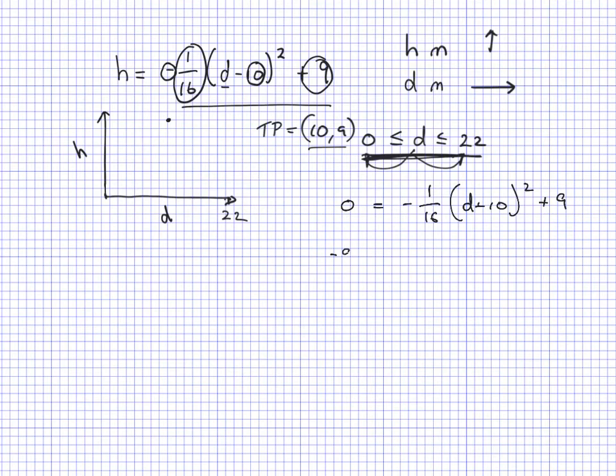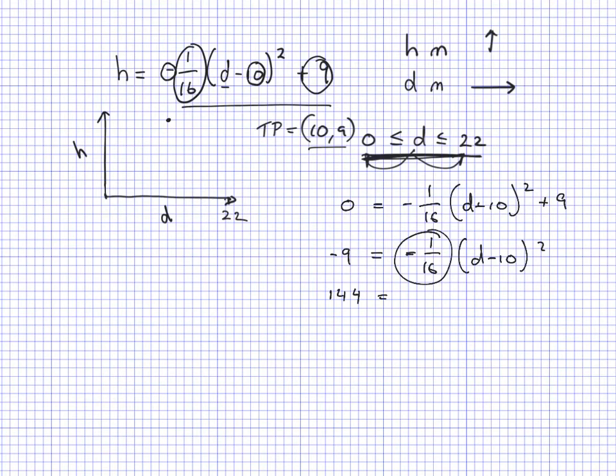Rearrange, I end up with minus 9 equals minus 1/16 (d minus 10) squared. Divide by 1/16 and I end up with, what's 9 times 16? 9 times 16 is 144. Yep, 144.